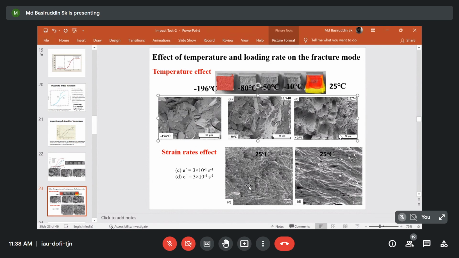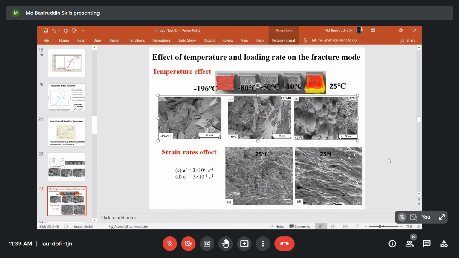So basically, I want to tell you that depending on the strain rate and the temperature, you can change the fracture morphology, you can change the deformation mechanism, and you can change the energy absorption capacity of the material. That actually reflects on practical cases, or service conditions, where the material fails in different environments and under different loading conditions.